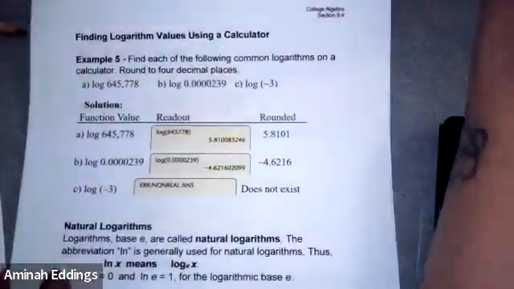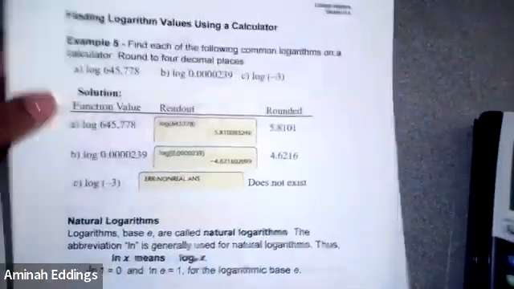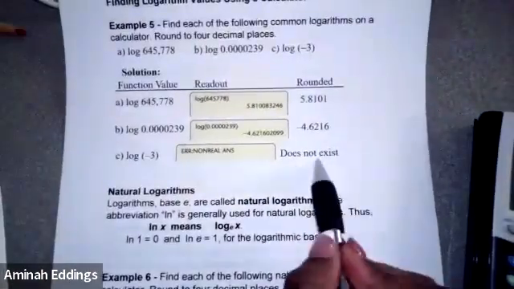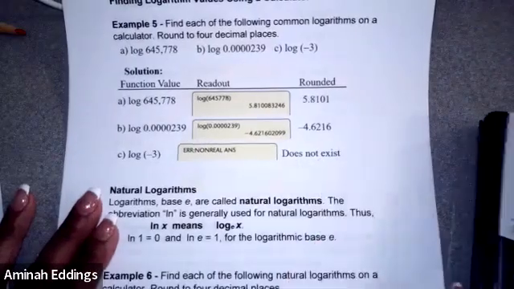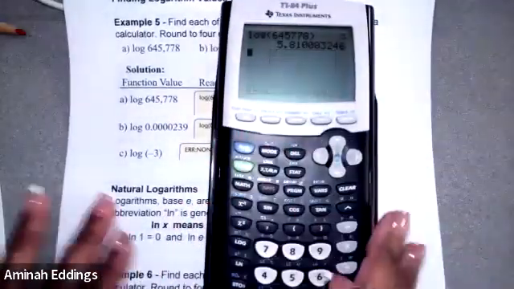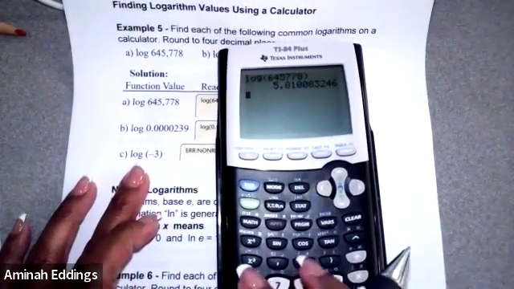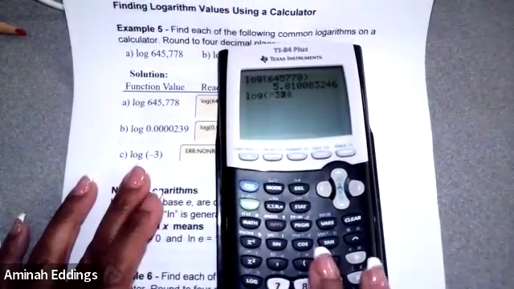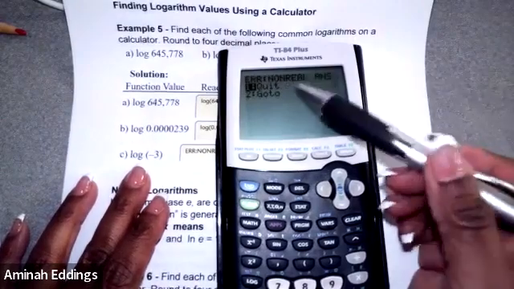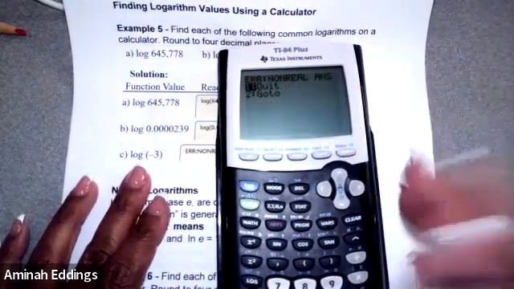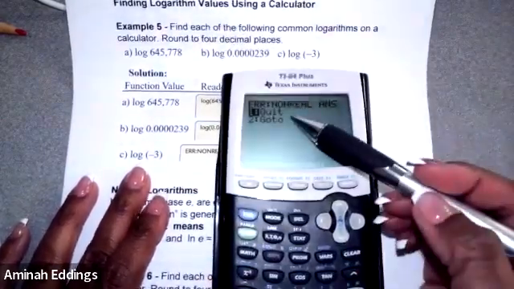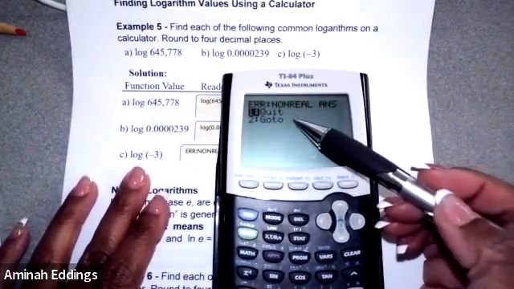So that means if we try to take the log of a negative number, it will not exist. So for example, let's do log of -3, okay? So we hit log of -3, press enter, and you will get the error, non-real answer. So that means it does not exist.